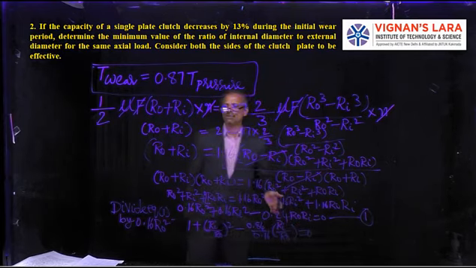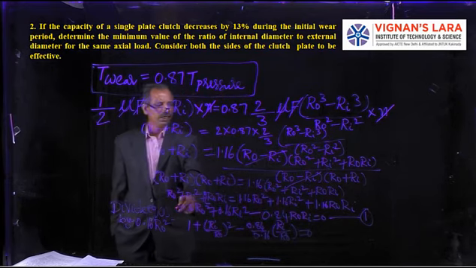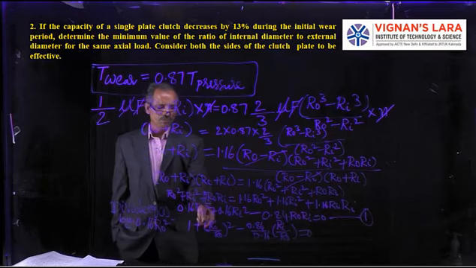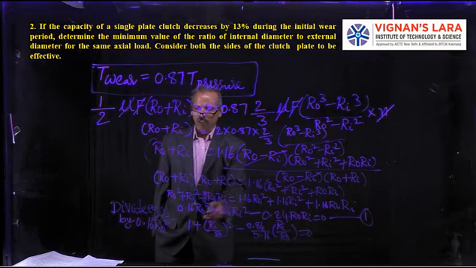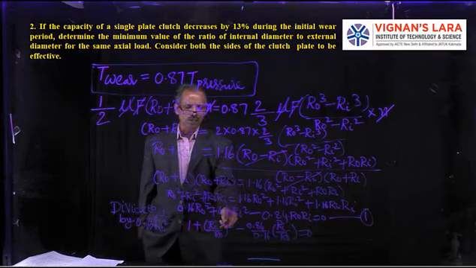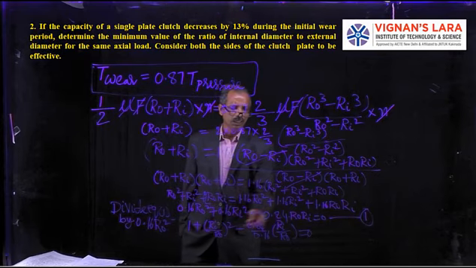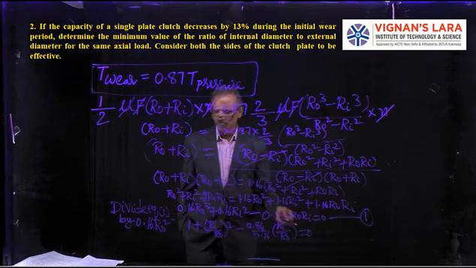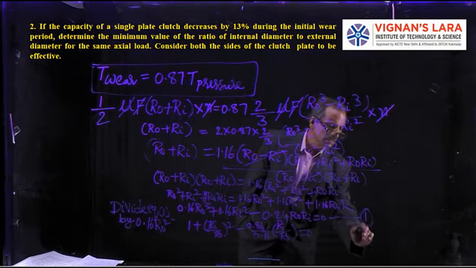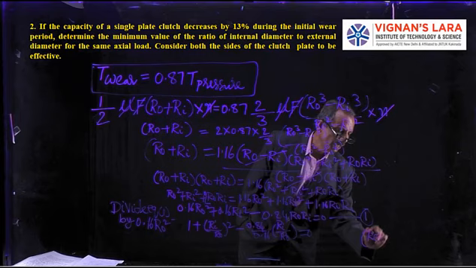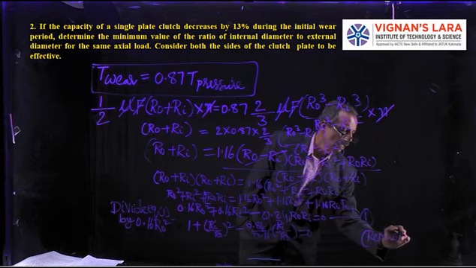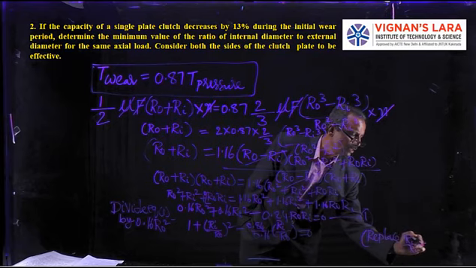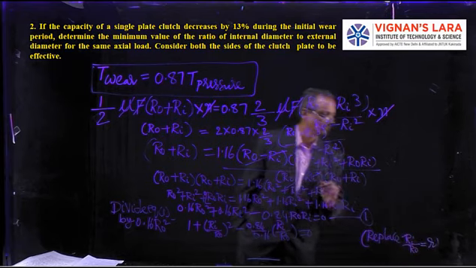I did a simple mathematical operation. I divided this entire equation by 0.16 R naught square. So this will become 1, 0.16 gets cancelled, then Ri square by R naught square, then 0.84 by 0.16 into Ri by R naught. So I just replace Ri by R naught as some small r.